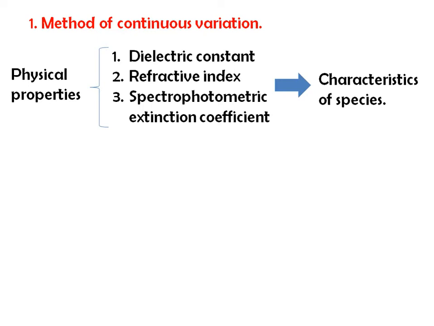Now in this method, the stoichiometric ratio of the complex is based on measuring the change of these properties, like dielectric constant, refractive index, and spectrophotometric extinction coefficient, and this will change depending upon the stoichiometric ratio.